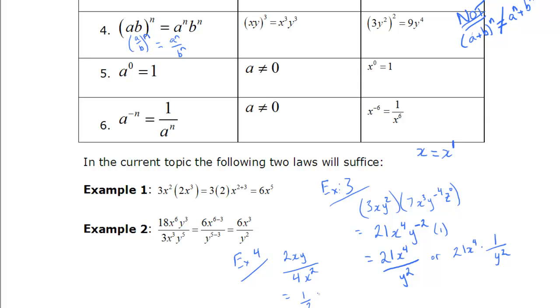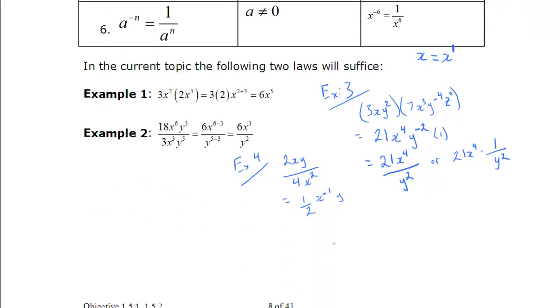So 1 minus 2 gives x to the minus 1. Y on top, there's no y on bottom, so we just leave y. And let's move that up to make sure we're seeing everything. In that case then, we get y is the only thing left on top, and we're going to take the 2 and the x into the denominator. Why did we take the x down? Again, it's a negative exponent.